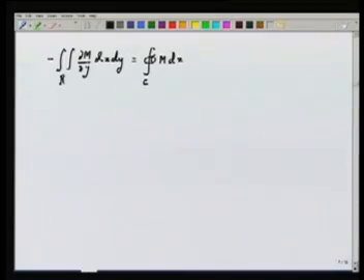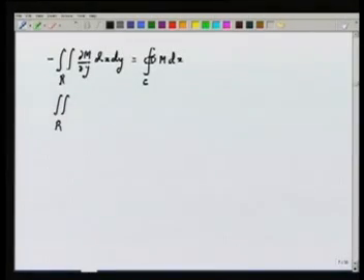Now it is exactly the analogous calculation that would tell you that the double integral over R of del n by del x dx dy is the integral over C of n dy.